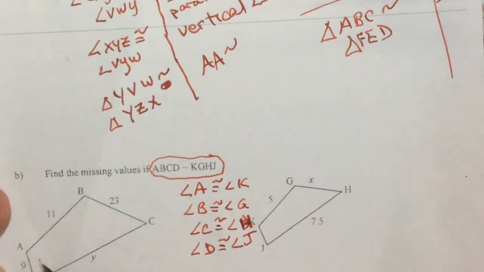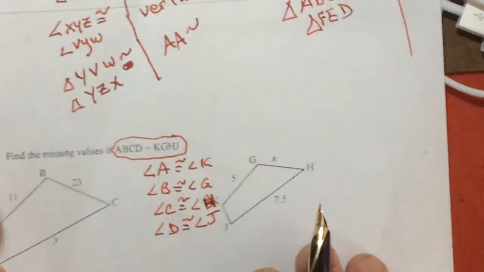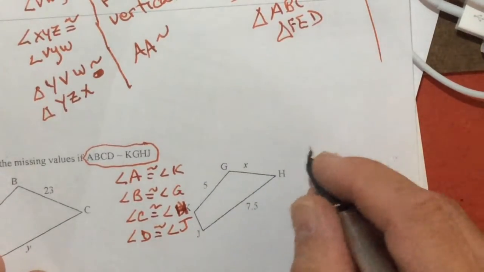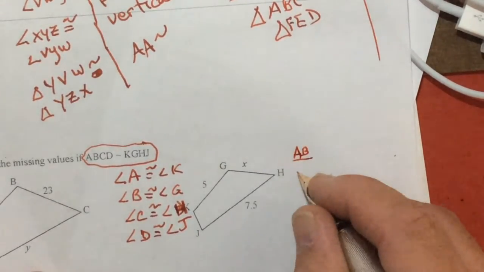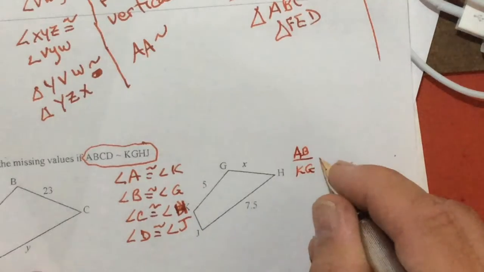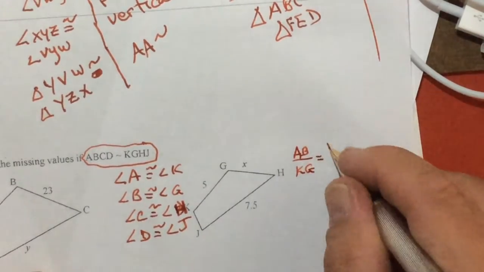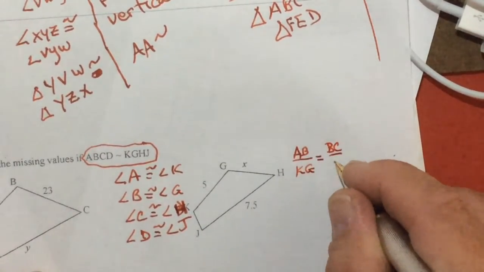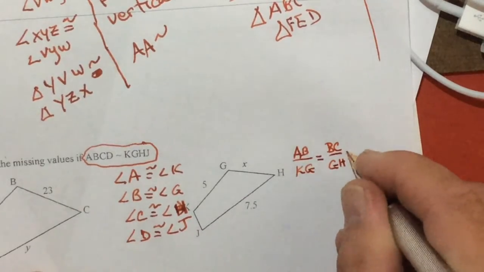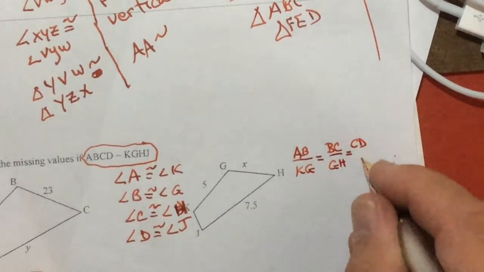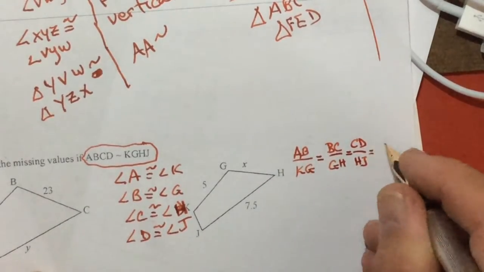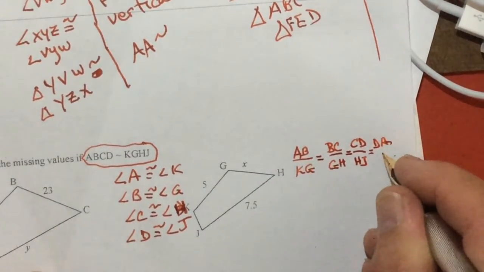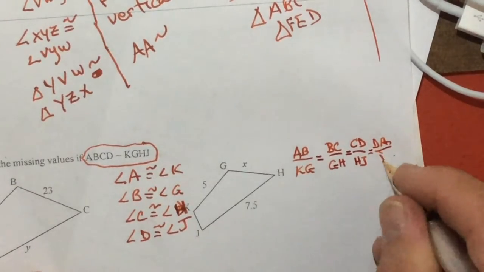But if we were, we would just look over here and see what angle are we looking for? Which one does it match up with? Over here, side AB matches up with side KG, and that has to equal BC divided by GH, which has to equal CD divided by HJ, and that has to equal DA divided by JK.